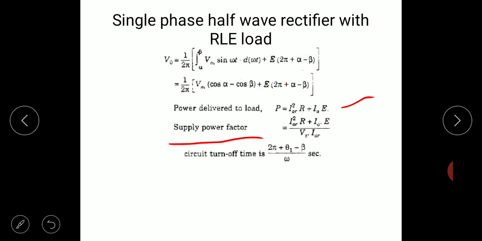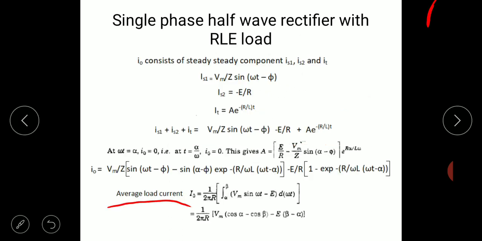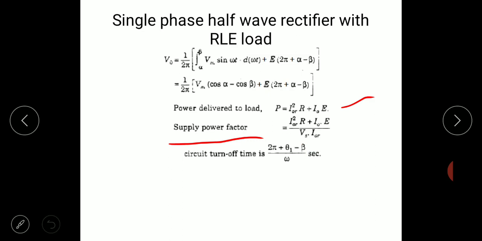For determining supply power factor, or we can say input power factor, we will have to divide the power delivered by the input volt ampere, that is Vs multiplied by RMS current. And we have checked this earlier when we were discussing the waveform of SCR voltage.